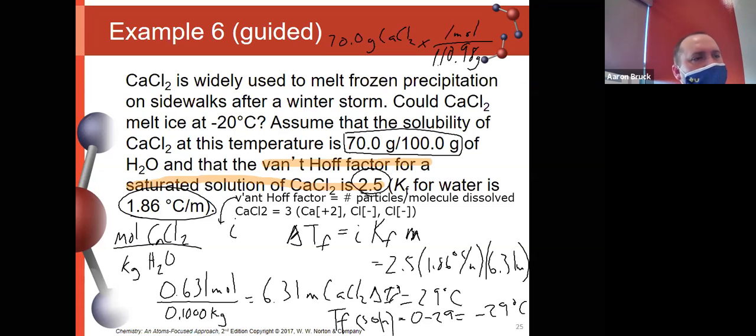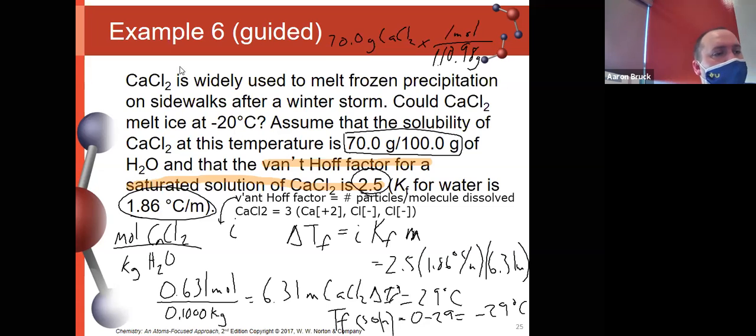The total ionic strength coming from those ions splitting off from the main molecule does have an impact on the overall concentration, does have an impact overall on the ability of that substance to dissolve and to lower the freezing point or raise the boiling point.